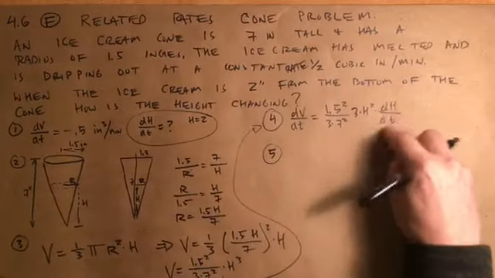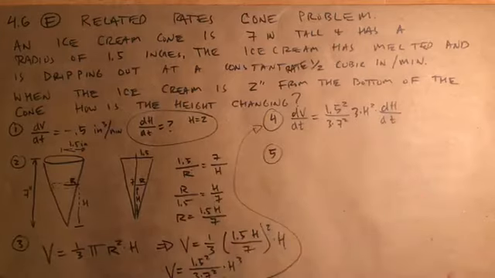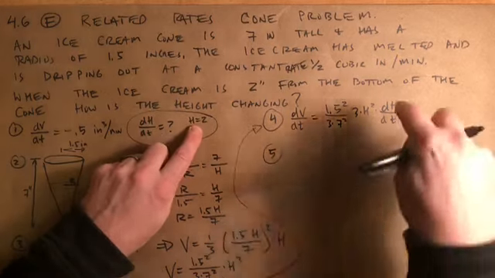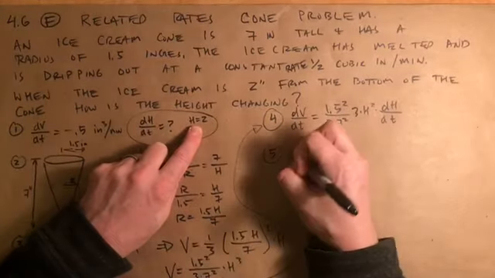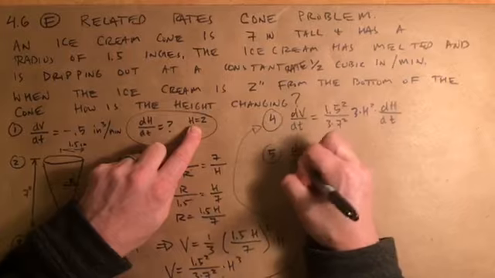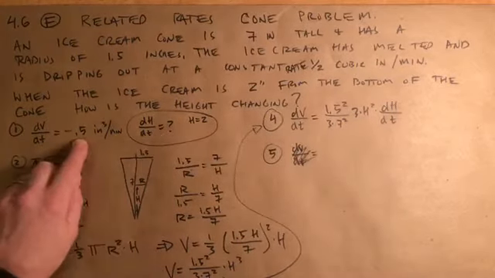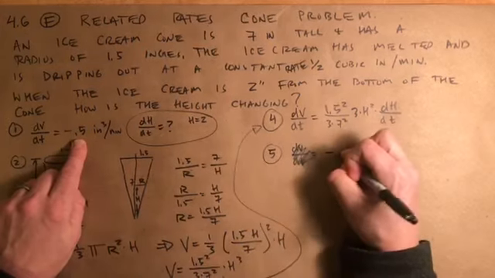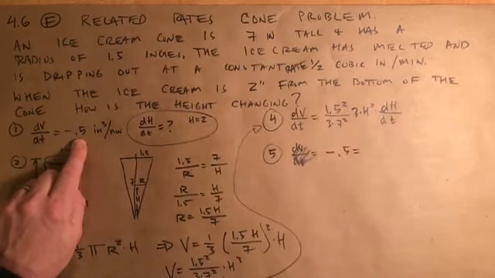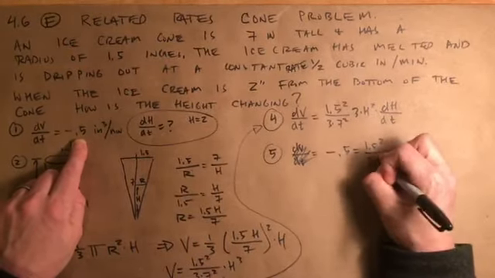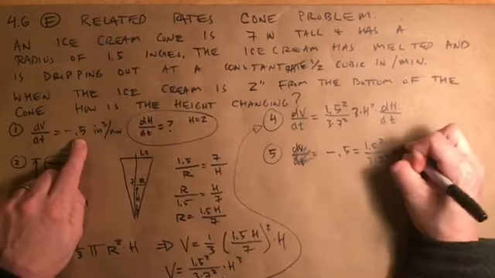I typically do like to solve for dh dt before I plug things in. But today I'm actually going to mix it up. I am going to plug in h equals 2, and then I'm going to solve for it. So dv dt is equal to, and in fact, I'm just going to put that in too. We have negative a half is equal to 1.5 squared over 3 times 7 squared times 3.